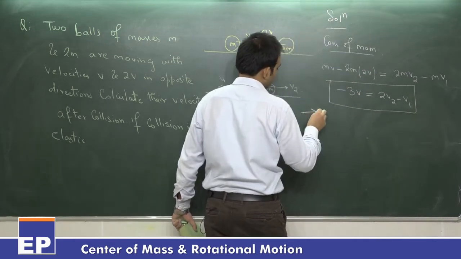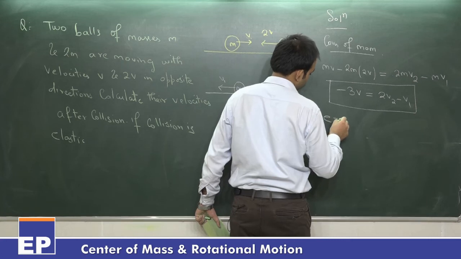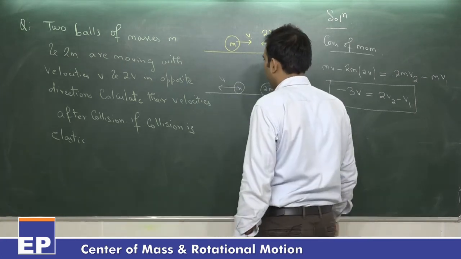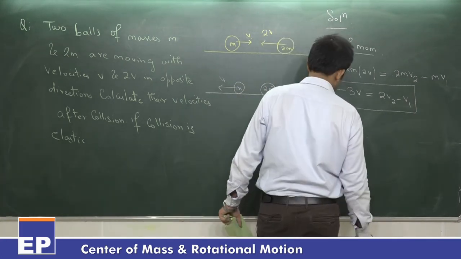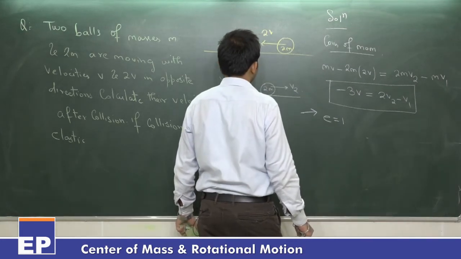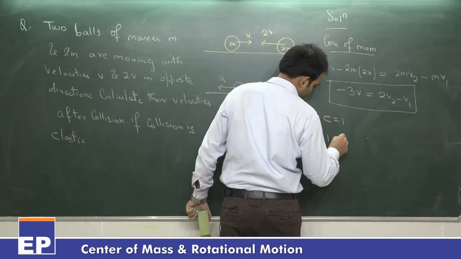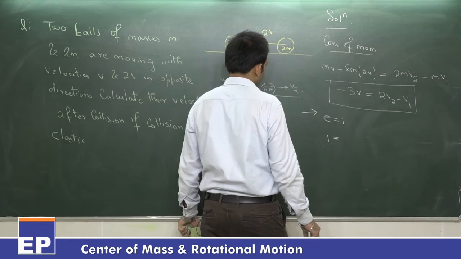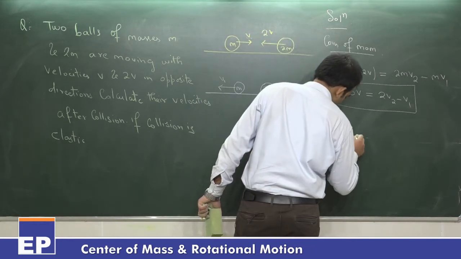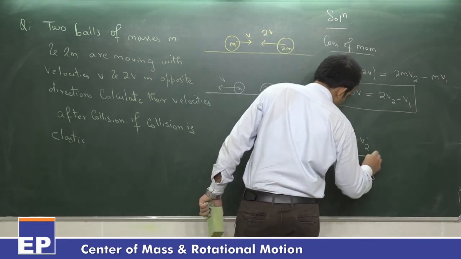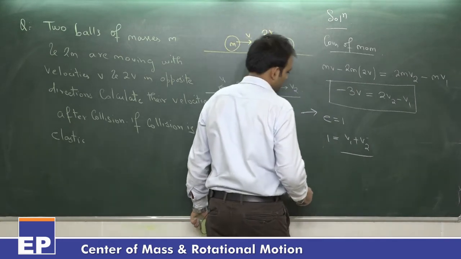Next, for coefficient of restitution, E is equal to 1. If E is 1, we can say it is velocity of separation by velocity of approach. What is the velocity of separation? That is V1 plus V2. And what is velocity of approach? That is V plus 2V.